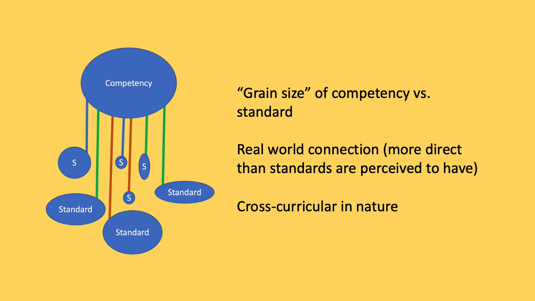A competency is intended to be a great big idea, something that students should be able to focus on or do a little bit longer term. And then the standards can sort of hang on those competencies. So you can have standards that are just a bit of knowledge alongside, working with, and supporting standards that are a little bit bigger in scope.